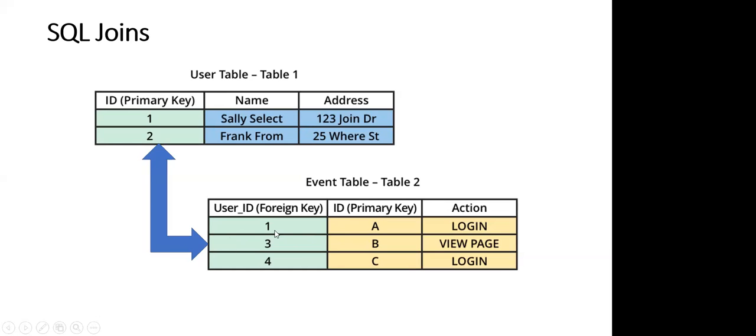So every row is showing you an event, an action. So you can have multiple rows for a user, since user ID 1 can carry out multiple actions. So here, this is just showing you user data and event data. And how do we link this together? Through the primary key and foreign key connection, user ID to user ID, right?